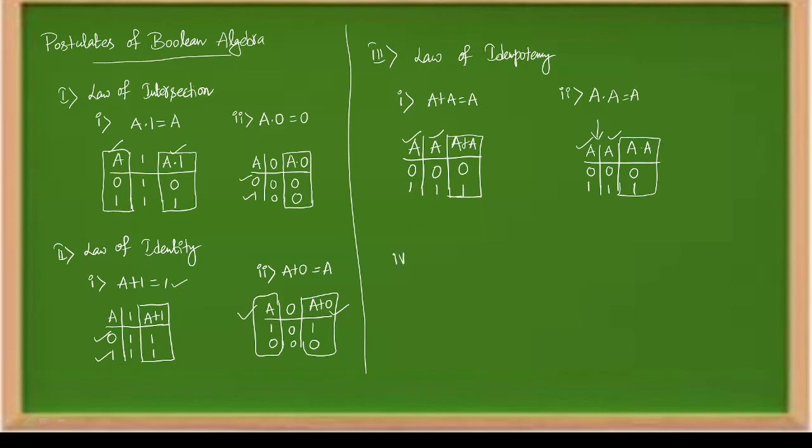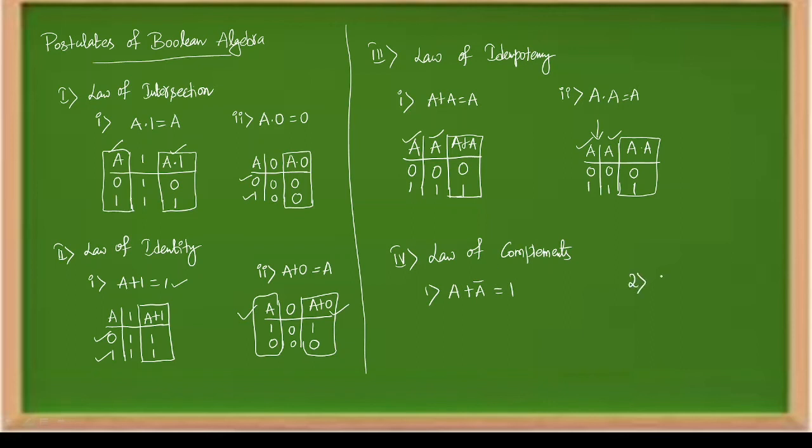Let me show you the fourth law, and it is the last law of today's class, which is the law of complements. According to this law, if you make the OR operation between A and A bar, you will get one as output.